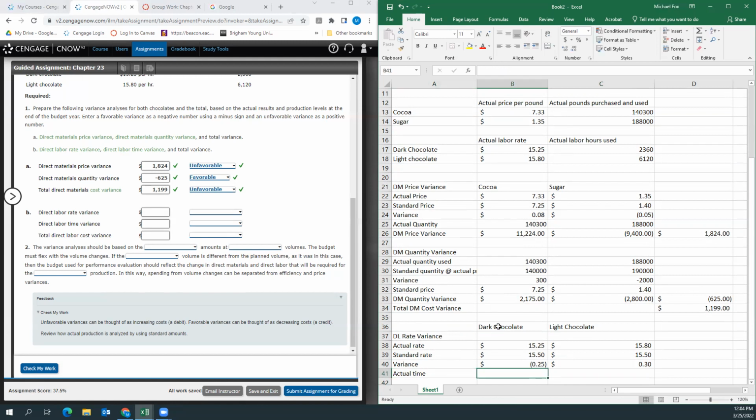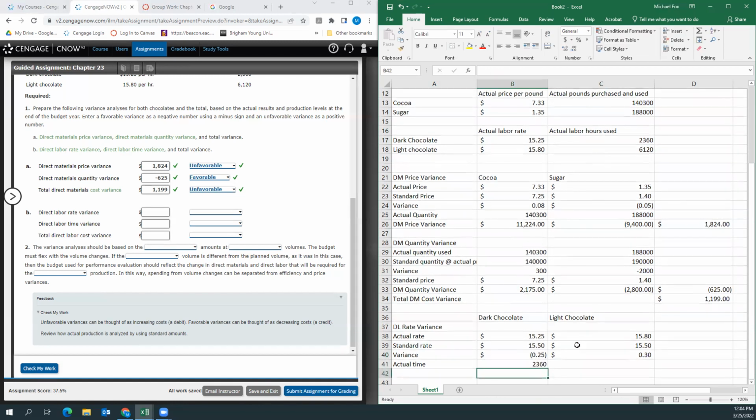All right. And our actual time is right here, actual labor hours used. So for dark chocolate, we used 2,360 labor hours, and for light chocolate, we used 6,120 labor hours. So our direct labor rate variance is just going to be the variance per hour times the actual number of hours.